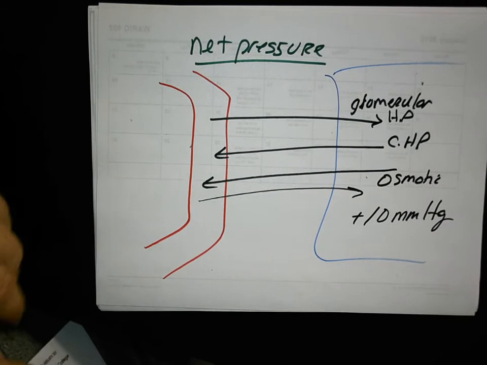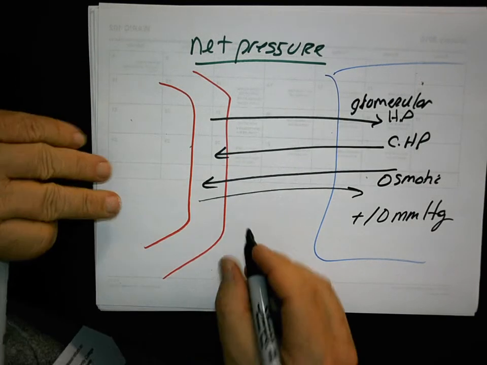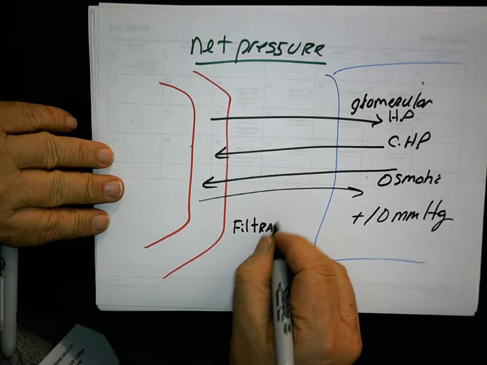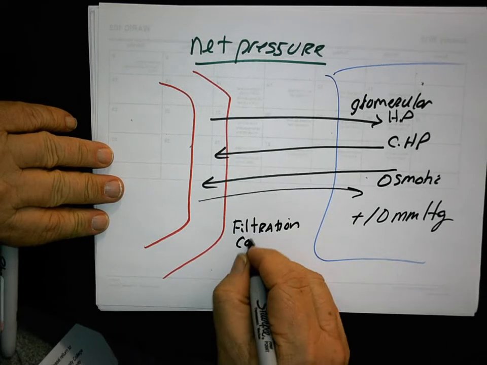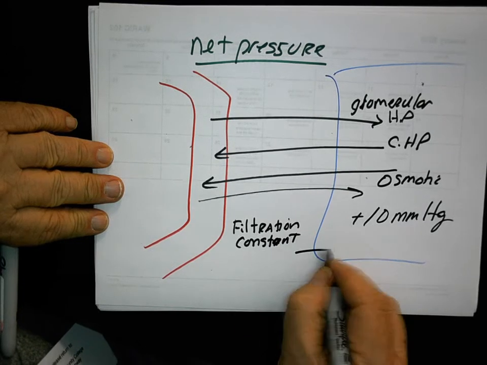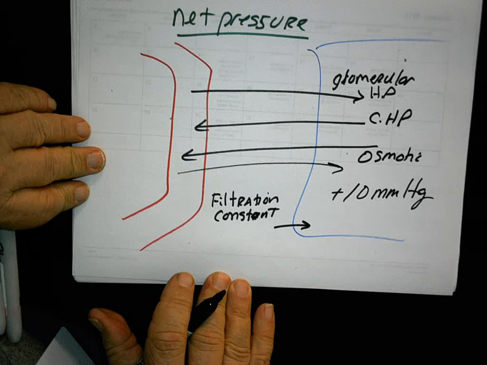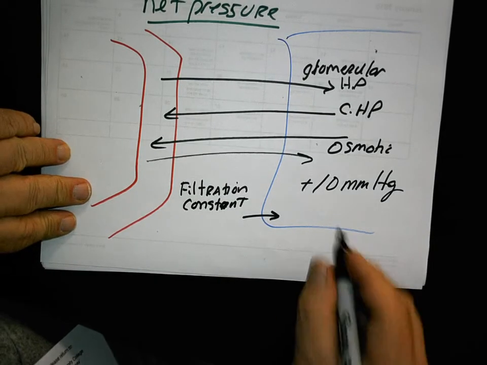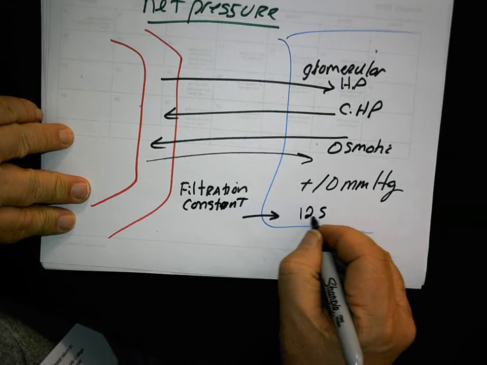Okay. The filtration constant: how many mils of filtrate will be formed per millimeter of mercury pressure per minute? 12.5.